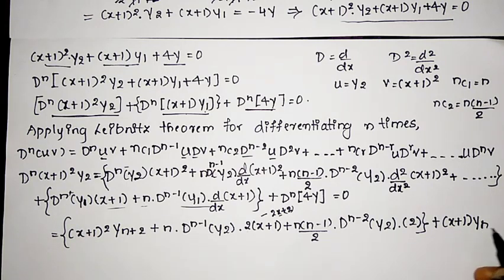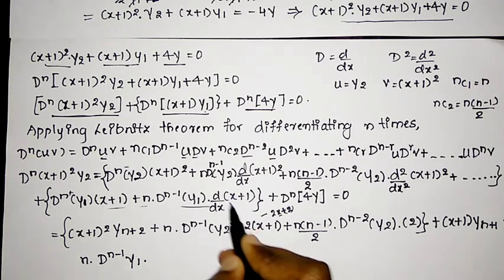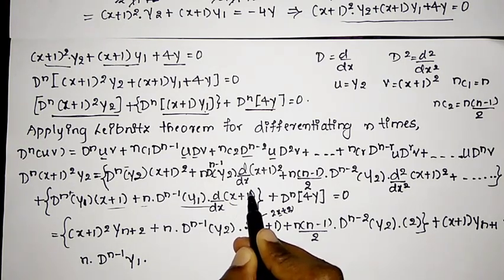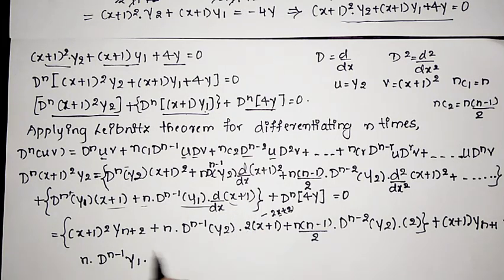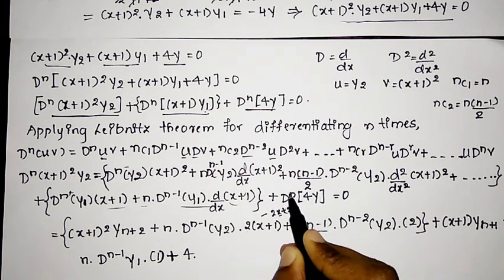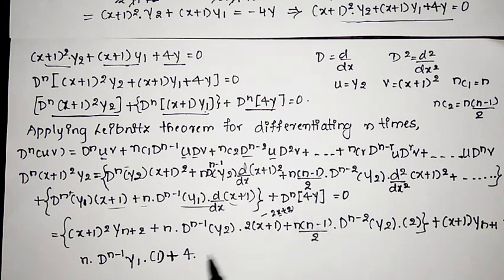So write y raised to n plus 1, plus n into d raised to n minus 1 y1 into the differentiation of x plus 1, where the differentiation of the constant term is 0 and the differentiation of x with respect to x is 1. So just write it as 1 into 1, plus 4 as it is, differentiation d raised to n into y. For n terms it will be yn, equal to 0.